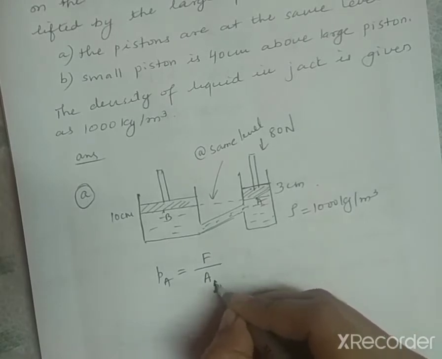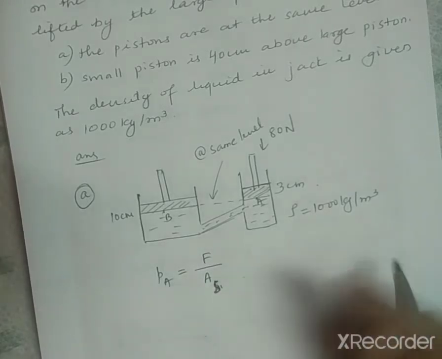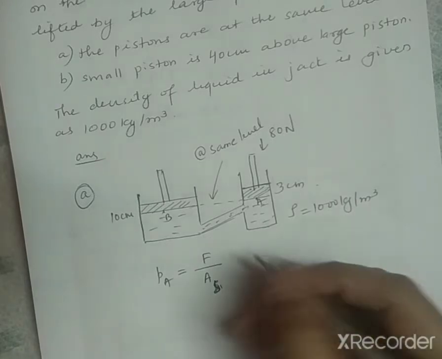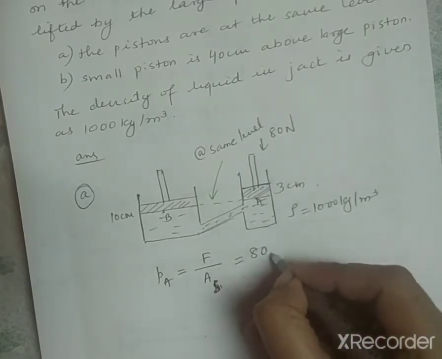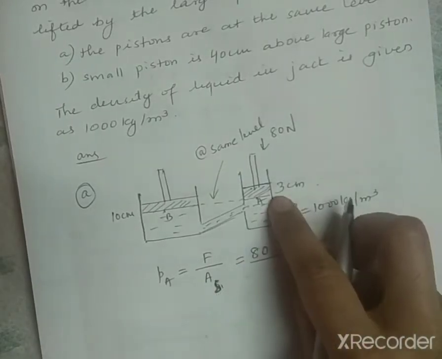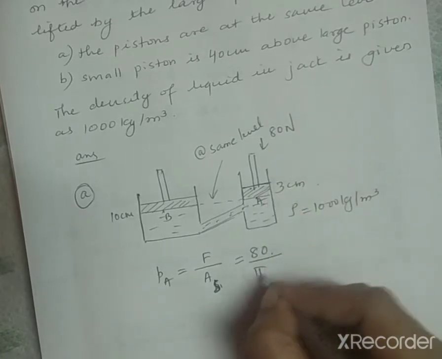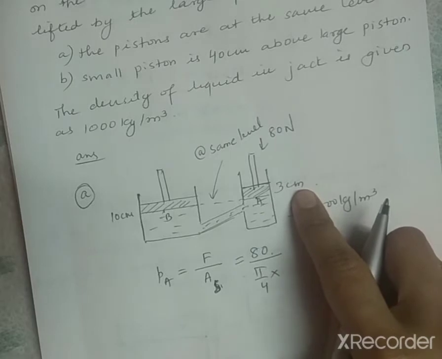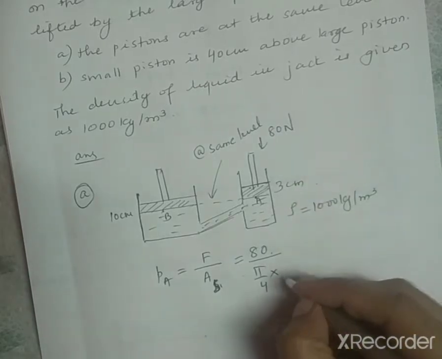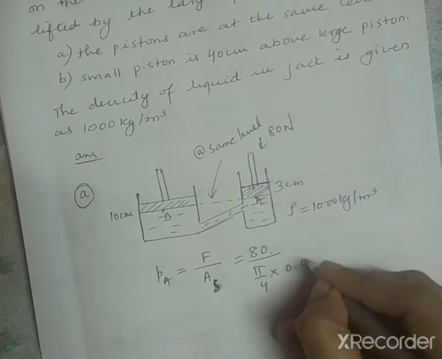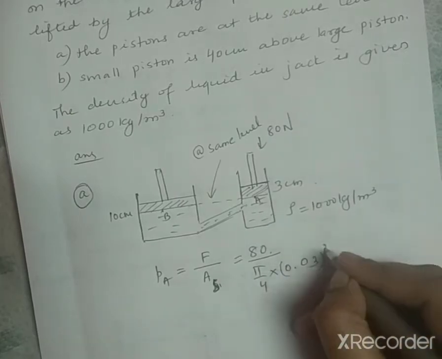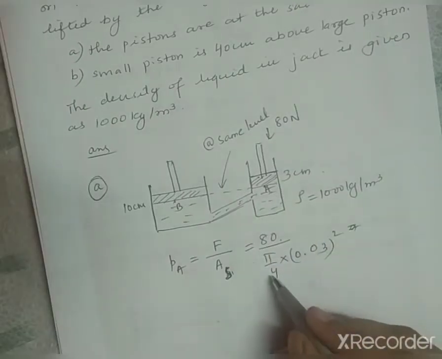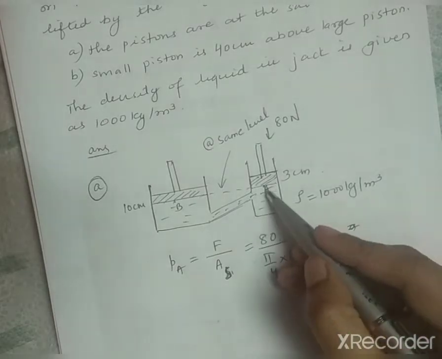I will name it as S because it is the smaller piston. So force is equal to 80 Newton divided by area at the smaller piston, which is pi by 4 into small d square. Here 3 centimeters is 0.03, the whole square. Here you will get the pressure intensity at the point A.